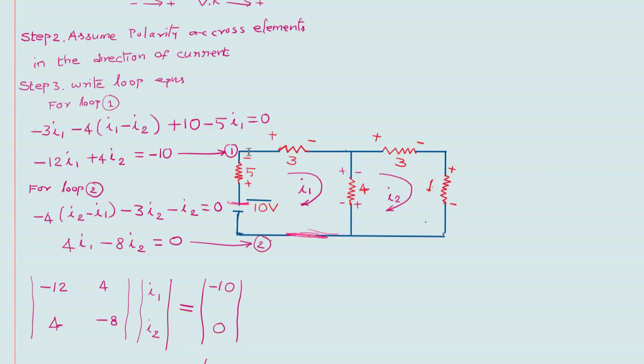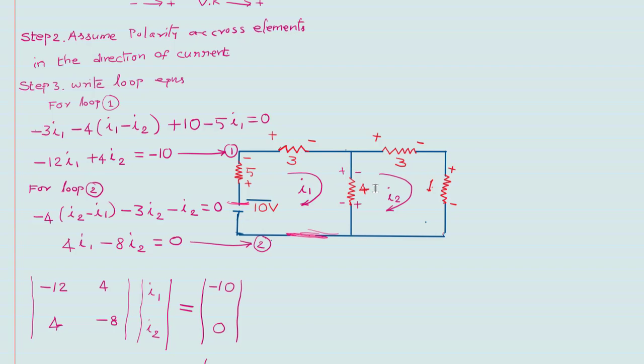Then because the current is leaving at this terminal of the 5 ohm resistor, we call that the negative terminal. Similarly, I1 first enters the 3 ohm resistor here, so the entering point we designate with positive polarity, and the leaving terminal of that element we call negative. Similarly, for 4 ohms, I1 enters here, so we put positive here, then the other terminal will become negative. There is no element here. Then here there is a voltage source. The voltage source polarity does not change. It is always negative here and always positive here.